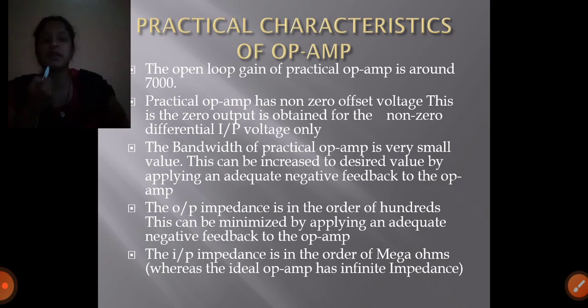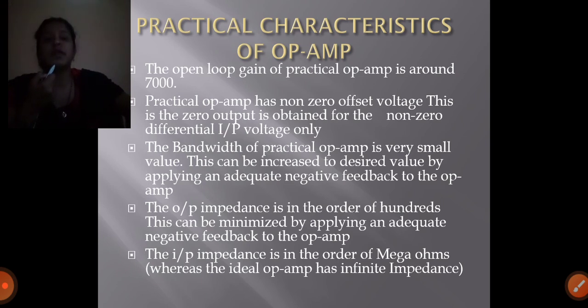You can minimize it from hundreds to 0. For example, if your output impedance is 1000, obviously the current and the voltage will be very less, right? If you minimize to zero resistance, the current and the voltage are nearly equal to the input. Whatever we give as input, we can get as output, right? That is the importance of negative feedback.